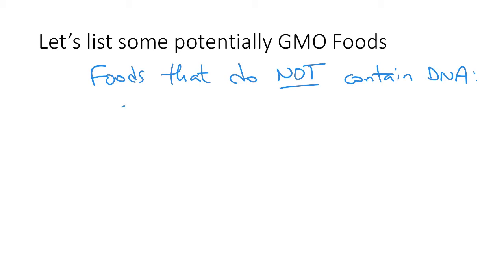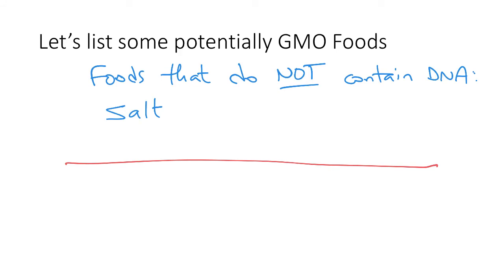I'll start with one. Salt. So table salt. It's a mineral. It's a rock. That never contained DNA, so you can't genetically modify our salt supply. So we've got sweet potatoes as a possible GMO food, so I'll list those separately. Sweet potatoes, potentially GMO, those do have DNA. Sweet potatoes are plants. Plants are living things. They have DNA, so they could be genetically modified.